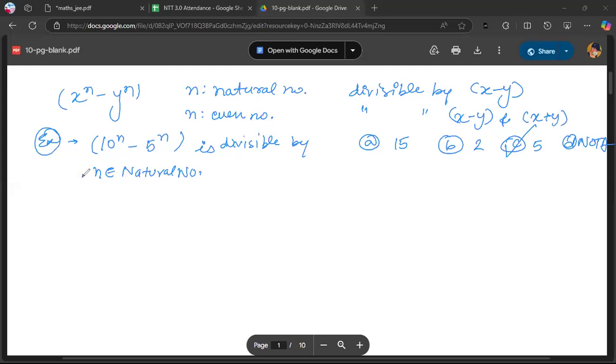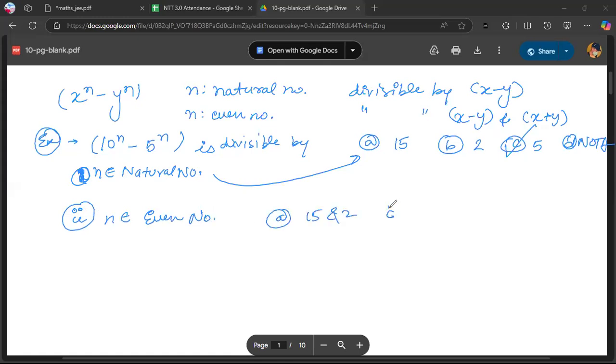So let's assume that this was the first part of the question. These are the options. There's another part of the question where it says that n is an even number. And now the options are: A, 15 and 2; B, 2 and 5; C, 5 and 15; and D, none of the above.